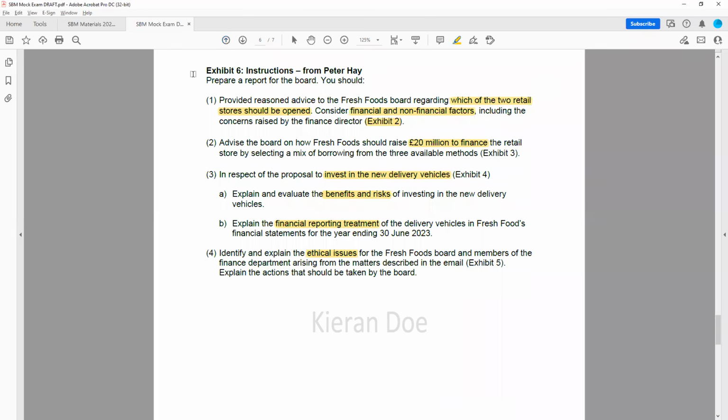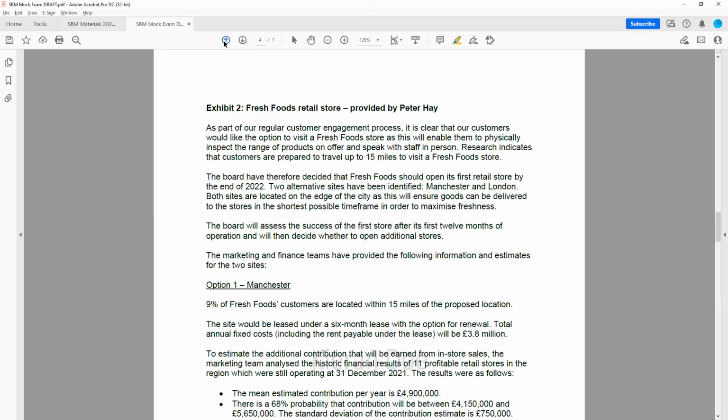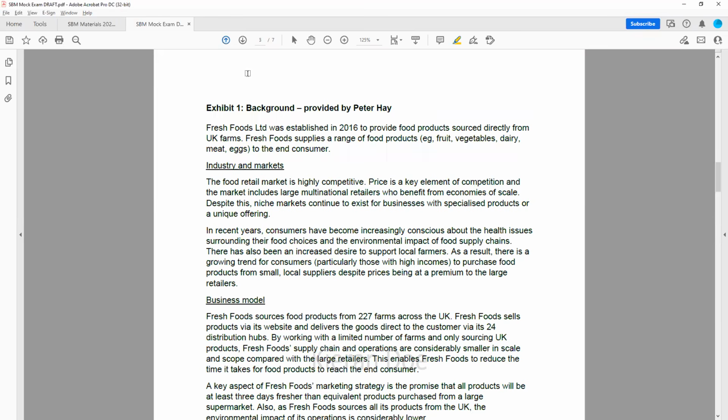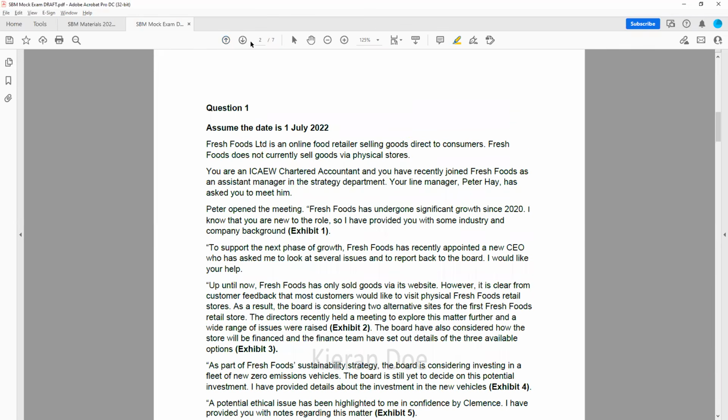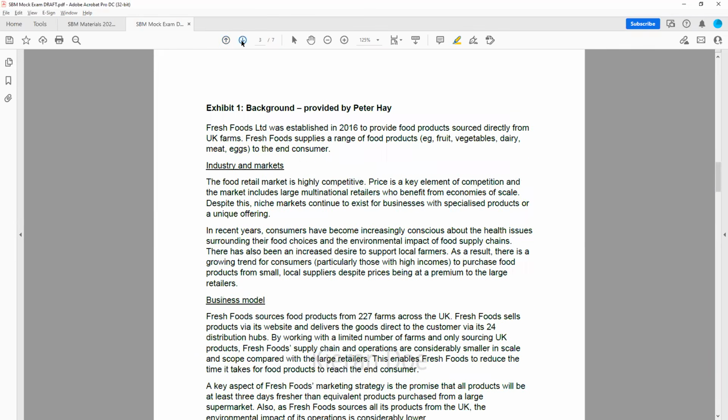So it's important to appreciate that you can break the SBM exam questions down into these different types. So when we look at the question as a whole, what you'll always be given is the initial part of the question, just explaining who you are, and it will usually tell us a little bit about the company in question. And then you'll have various exhibits.